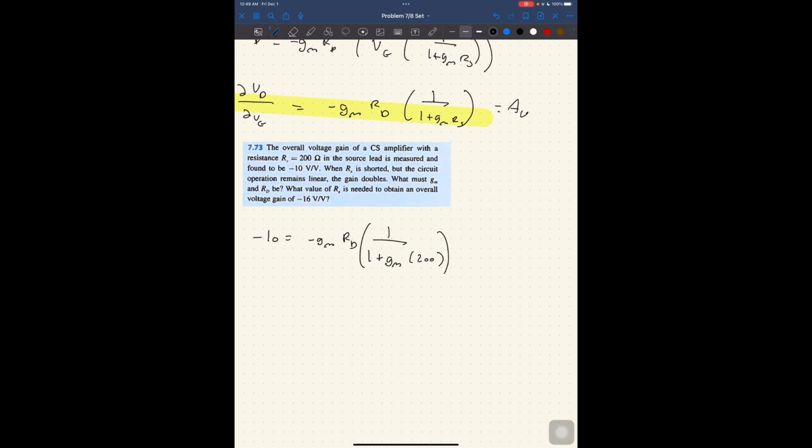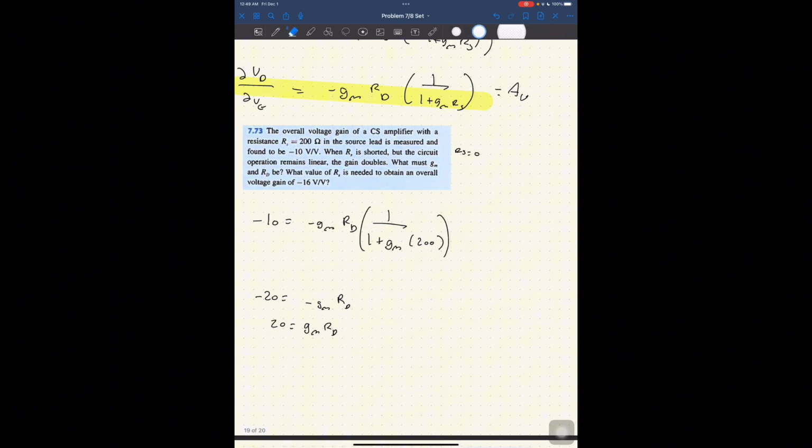Now when RS is shorted, as in RS is equal to 0, there is no resistance, the circuit operation, the gain doubles. So minus 20 is equal to minus GM RD times 1 over 1 plus 0, which is nothing. So 20 is equal to GM RD, which means that now I have two unknowns, two equations, plug and chug. Let's say GM is equal to 20 over RD.